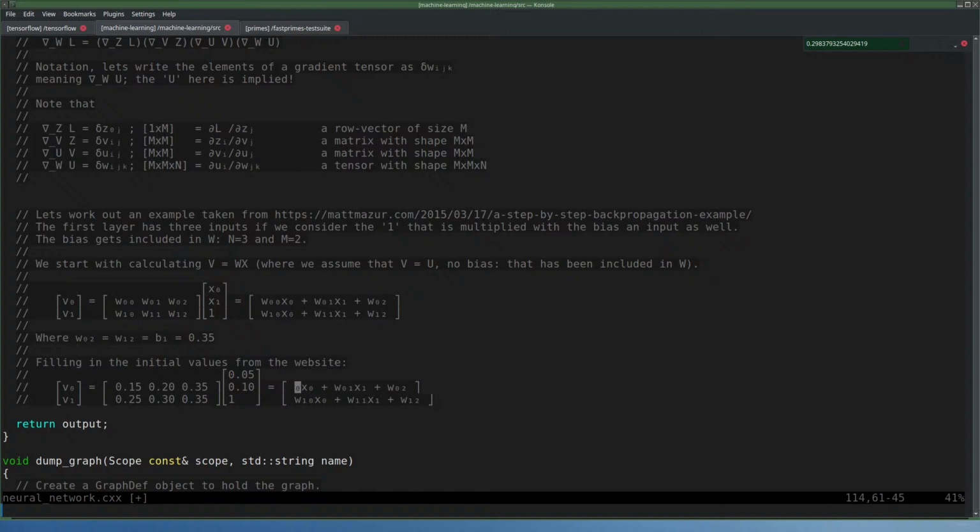Which then becomes 0.15 times 0.05 plus 0.20 times 0.10 plus 0.35. That would be the bias times 1. Yeah, leaving it out to stress that it is just a bias, as it were.